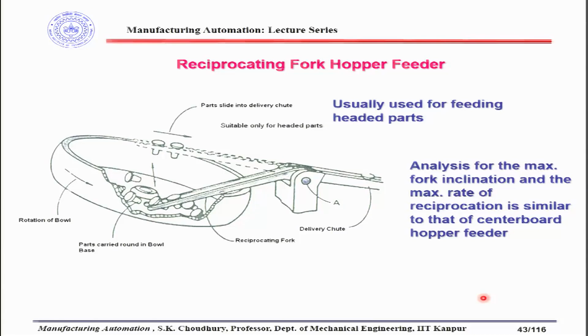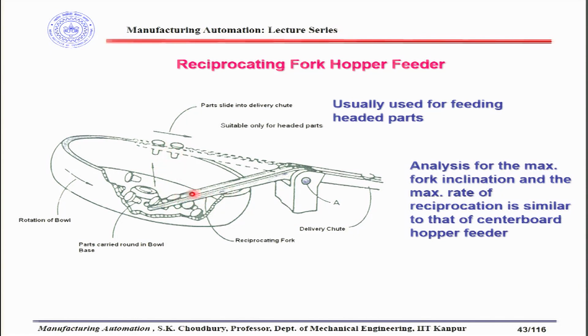Hope it is clear. Now, the next hopper feeder is the reciprocating fork hopper feeder. The difference between it and the center board hopper feeder that we have earlier seen is that here the fork which is reciprocating is actually taking up the parts.